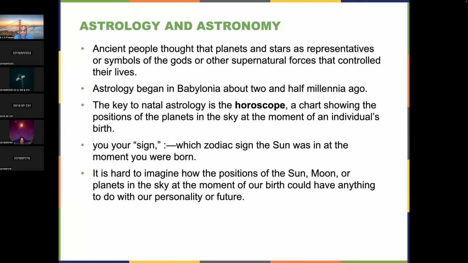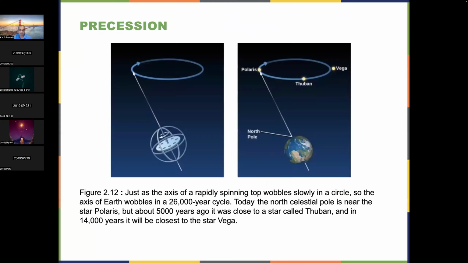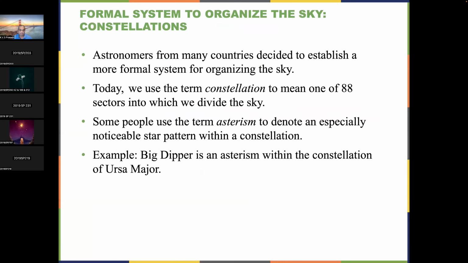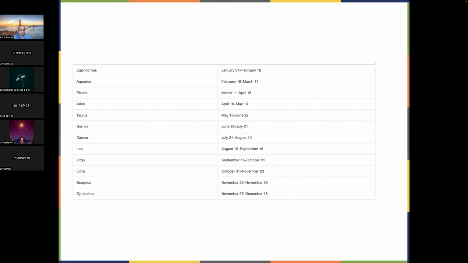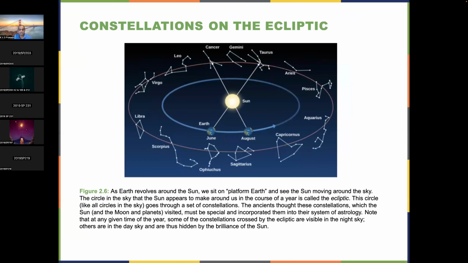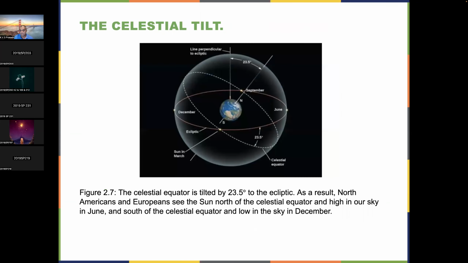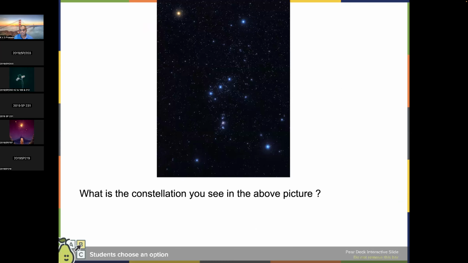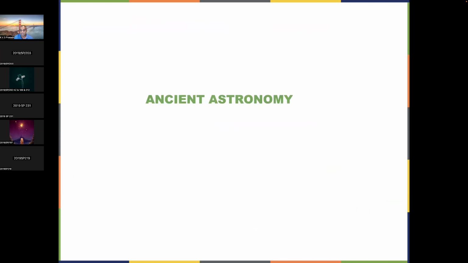If you remember this picture right here, you can see that the sun is at different locations, and in the background there is a certain constellation. Those are the 12 constellations, or what you call zodiac signs in astrology.